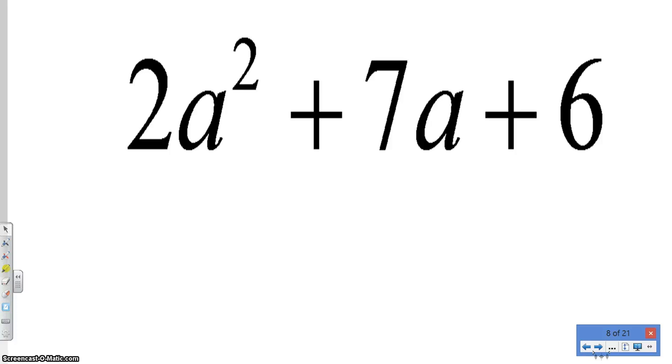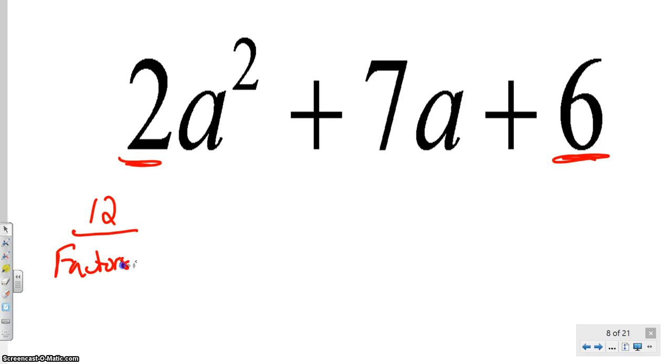What we have here is A is 2 and C is 6. All right, and you notice there's no GCF. So what we're going to do is 2 times 6, which is 12. All right, so we want the factors of 12 that, if I add them, would give me 7.